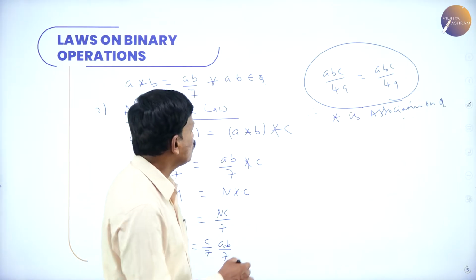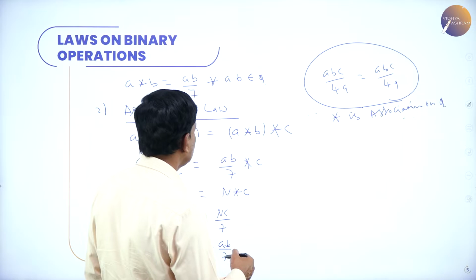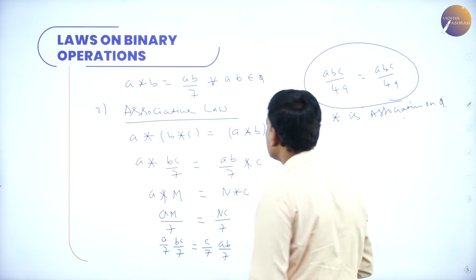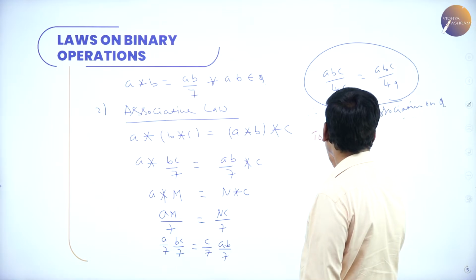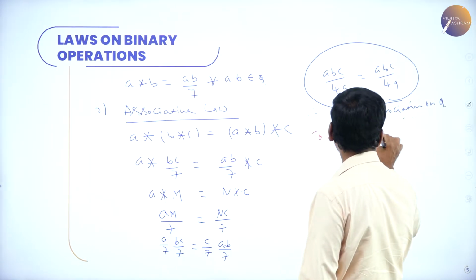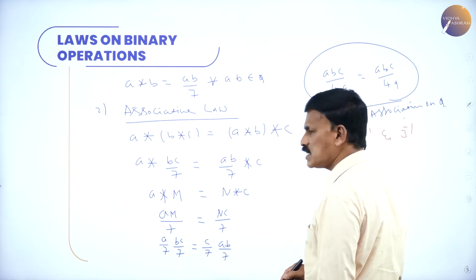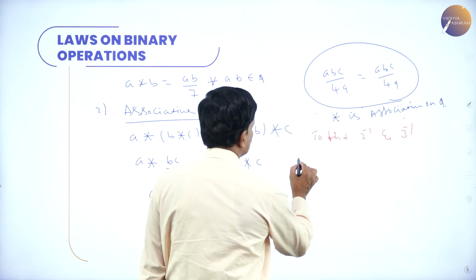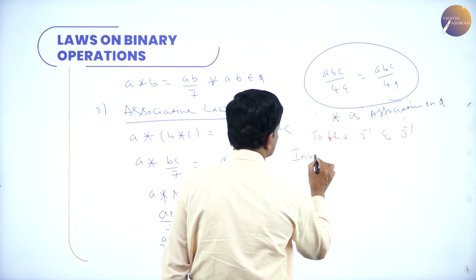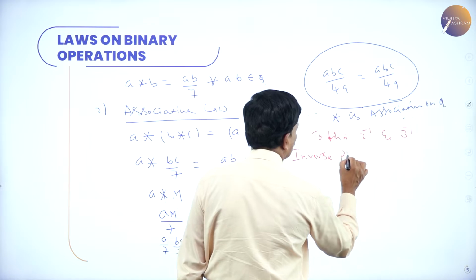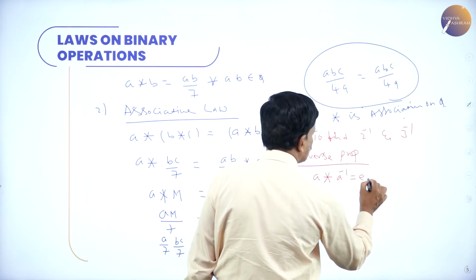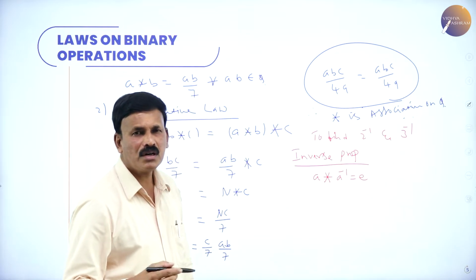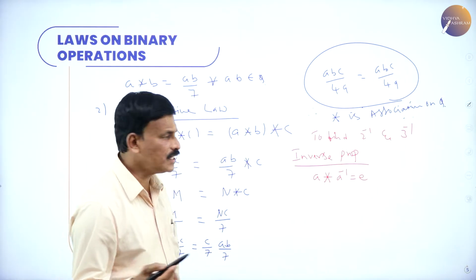Now what is the inverse property? What is required is to find the inverse of 2 and the inverse of 3. To find 2 inverse and 3 inverse, just find the inverse of a first. So what is the inverse property? a star a inverse is equal to the identity element, or a inverse star a is also equal to the identity element.